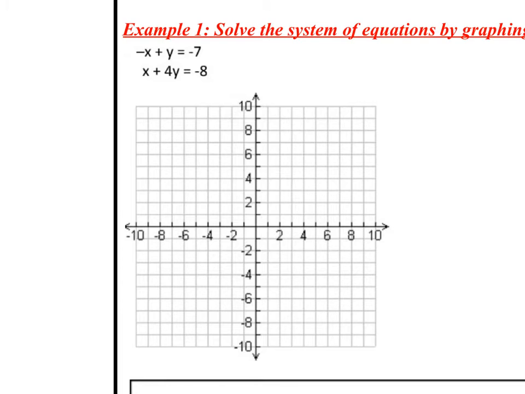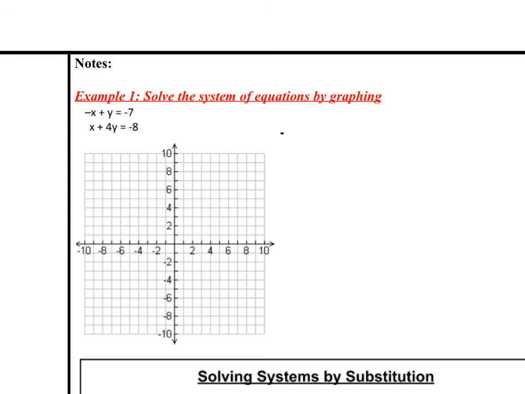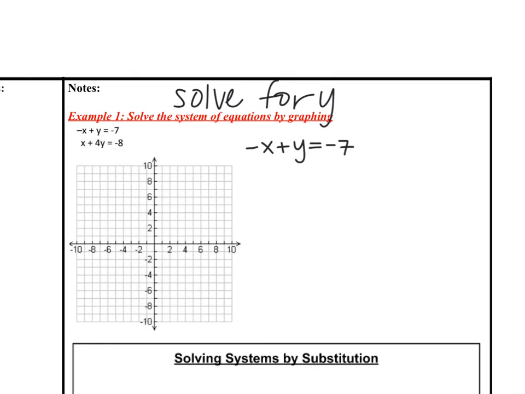First one. If you can do this without me, then do it without me, but I'll do it on the board. Let's take this equation, negative x plus y equals negative 7. You have to put it in y equals mx plus b. So solve for y. That's what I'm doing.